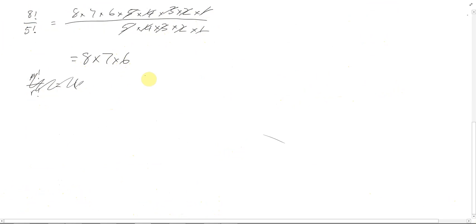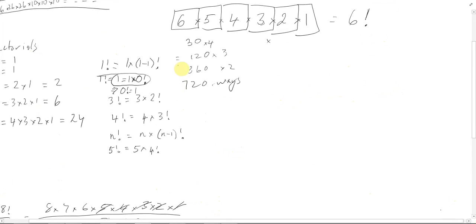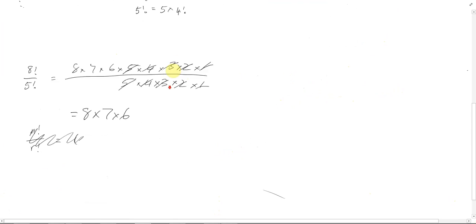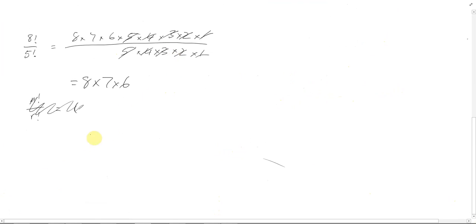Okay. Earlier, we talked about this example with the books, where there were 6 books and 6 positions that you could put those books into. But what if you still had your 6 books, but you only had 3 spots on your shelf? How many ways could you possibly arrange those books?